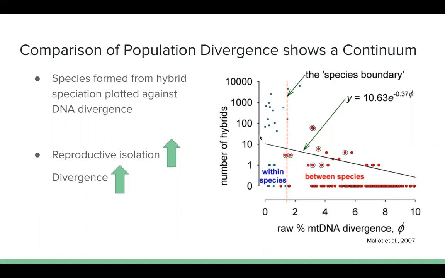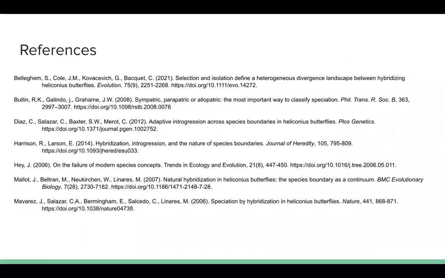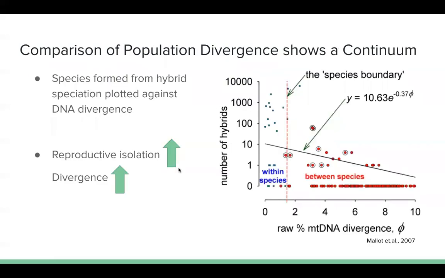You see that as the number of hybrids decreases, there's an increase in DNA divergence. Or another way to put it is, as reproductive isolation increases, you see an increase in divergence. And so this just shows that incomplete reproductive isolation that allows hybridization does have an impact on the genome.